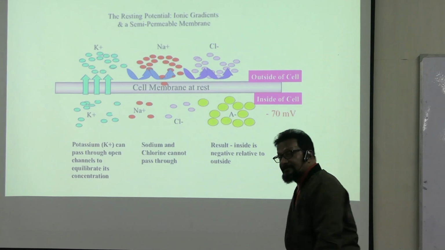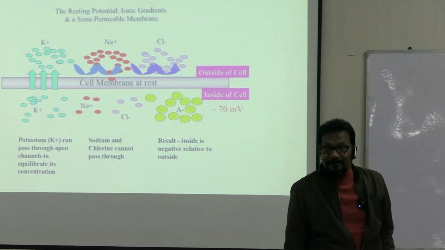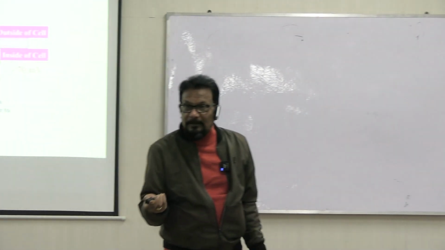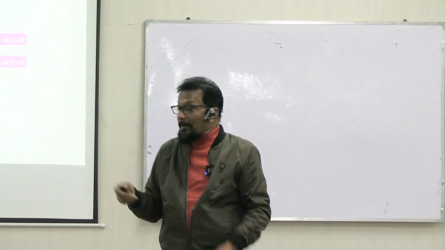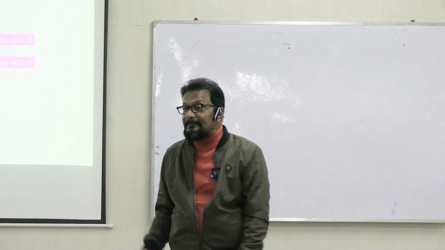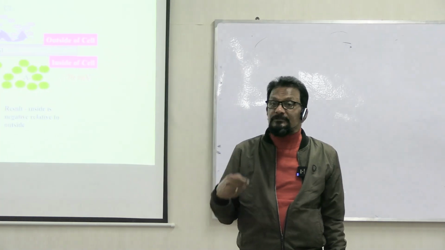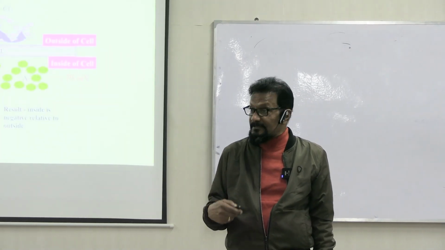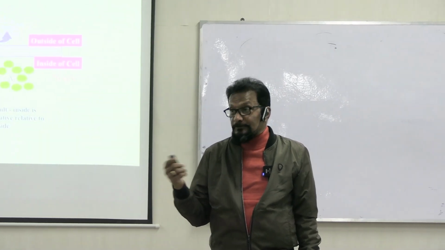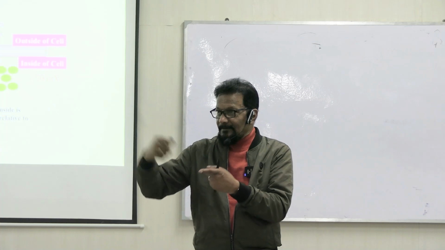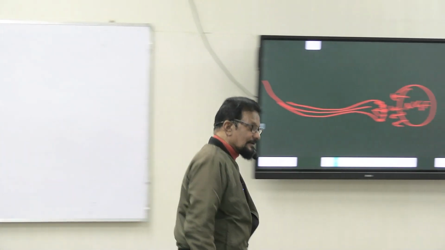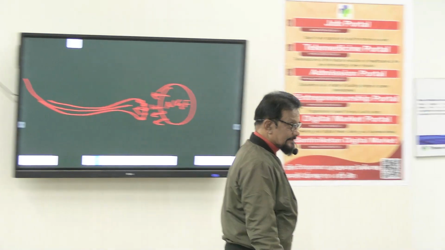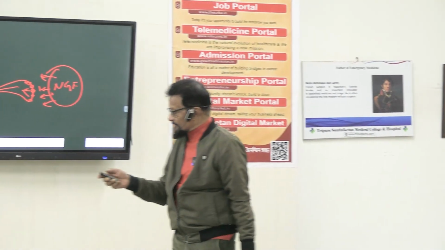The negatively charged ions are more inside, so the net charge inside is more negative. But outside it is the reverse, with positively charged sodium ions much more. Because of that we get a potential difference, and this potential difference seen in resting condition is called the resting membrane potential.